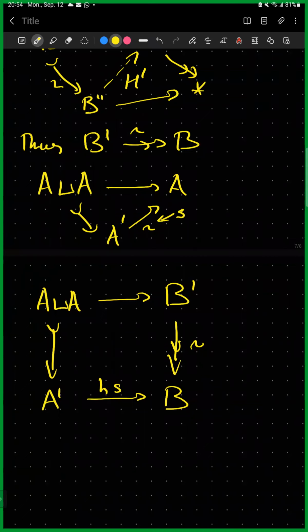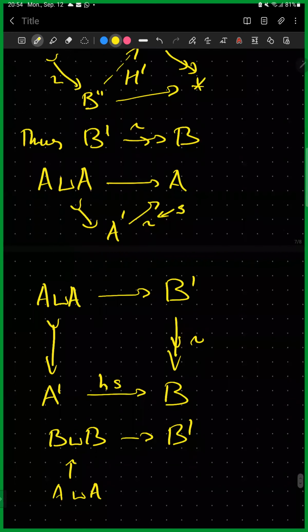Well, this is just the composition. So we had maps from two copies of B to B prime, and then we have a map from two copies of A to two copies of B in an obvious way. Yeah, so this is just the composition. And here we have a lift because this is a cofibration and this is a trivial fibration.